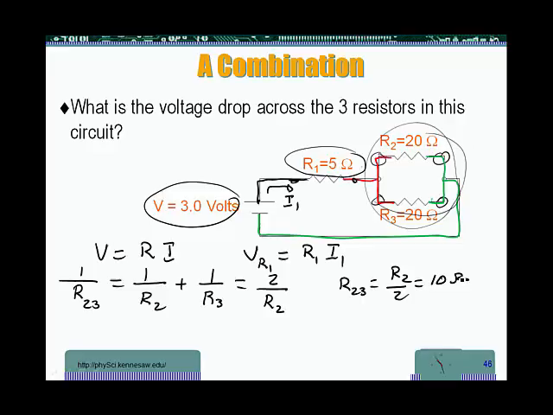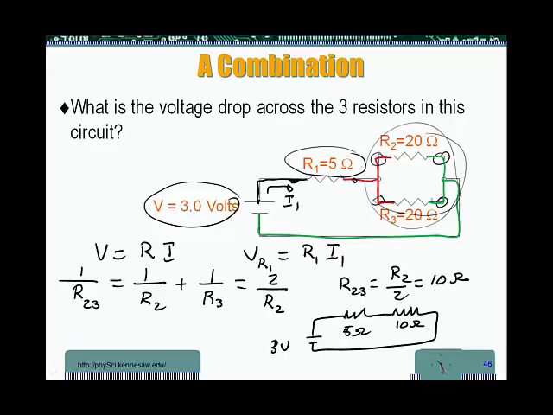Which means that the equivalent circuit right now is going to look more like this. I have a 3 volt battery, and then a 5 ohm resistor, that's R1, in series with R23, which is 10 ohms.